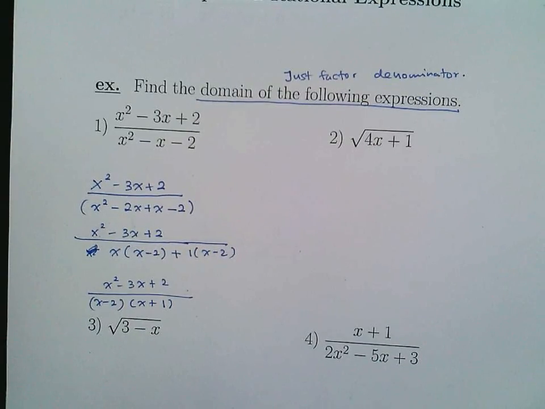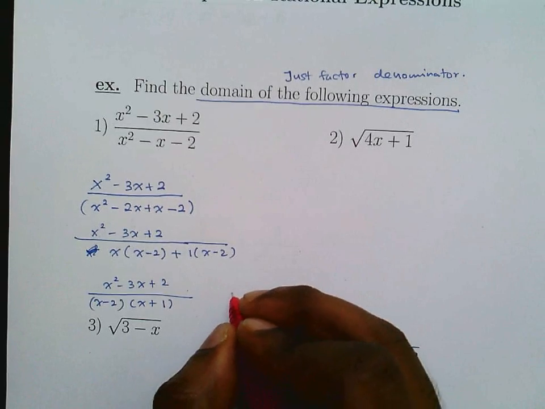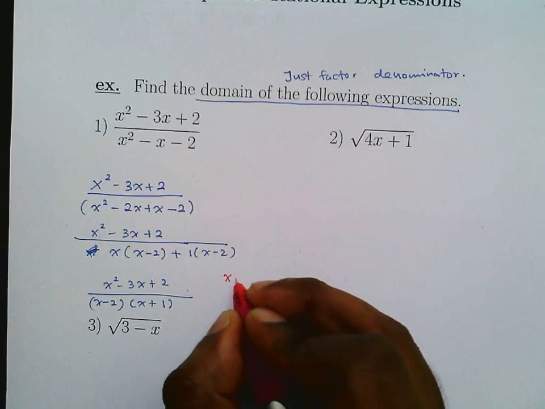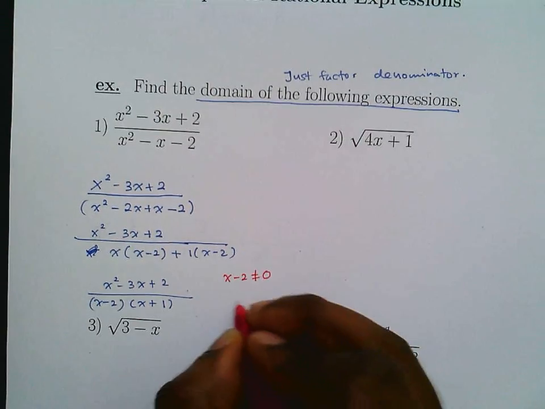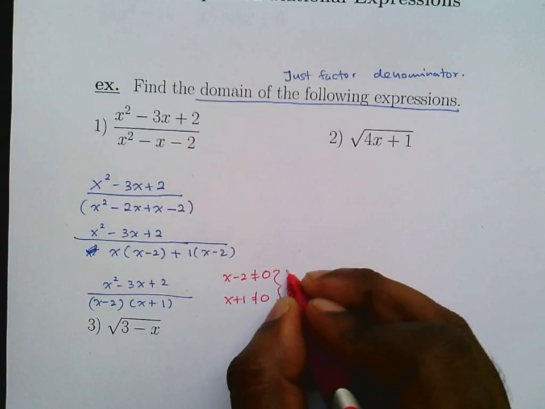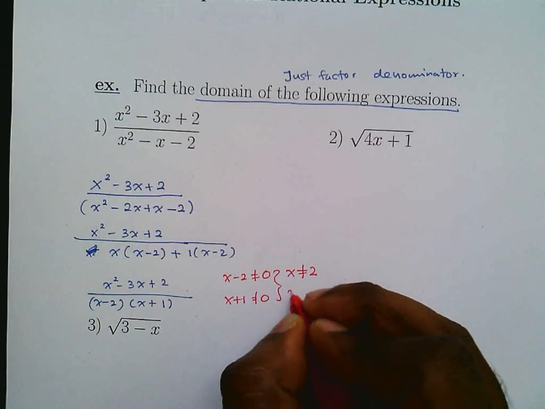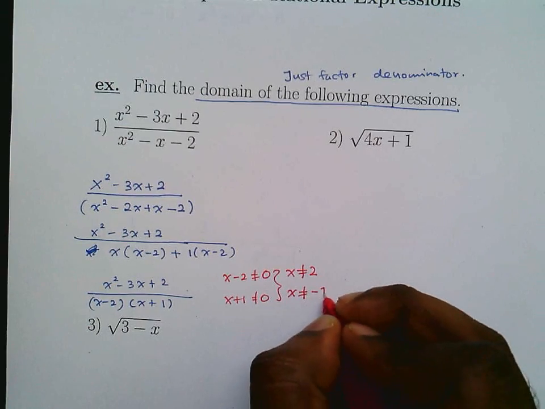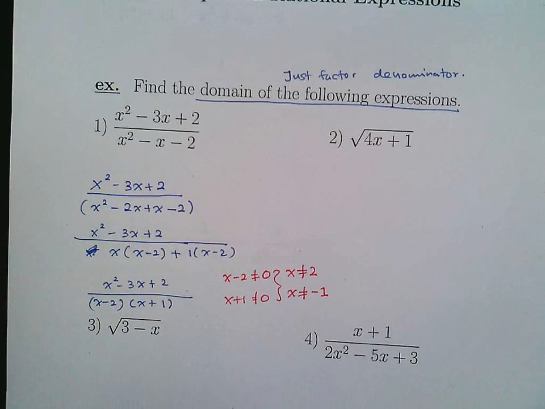So the only impossible values to put in are: x minus 2 cannot be 0 or x plus 1 cannot be 0, which means x cannot be 2 or x cannot be -1.